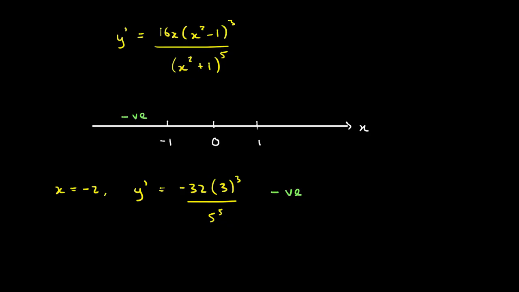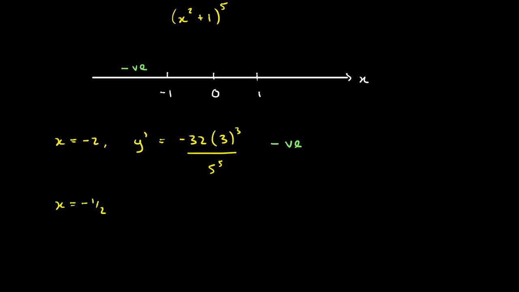And similarly, we can do this with a value between negative 1 and 0. So let's take negative a half. So x is equal to negative 1/2.